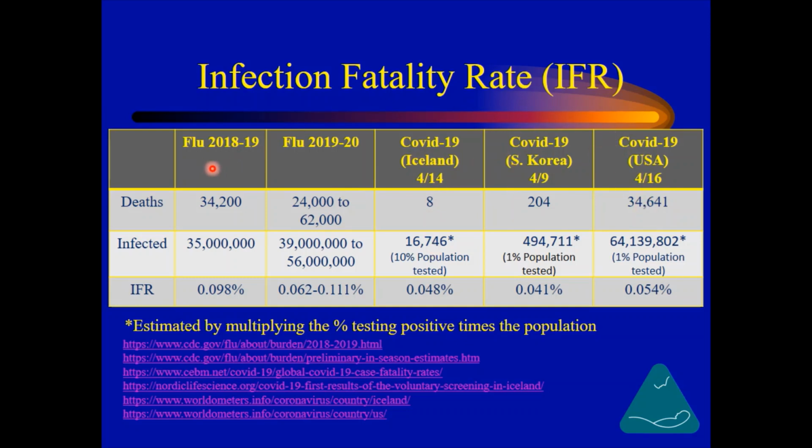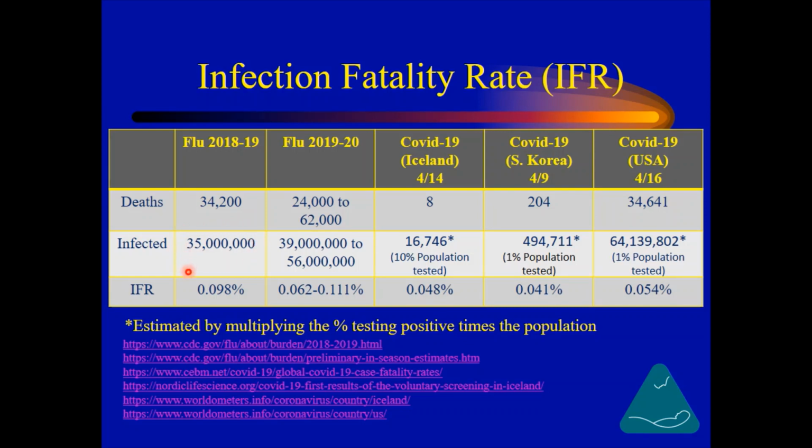Let's look at the first one. This is for the flu season of 2018 to 2019, or last year. Now, because this happened in the past, we have actual data to look at. On the CDC website, it lists that the total number of people who died was 34,200. They estimate that 35 million people were infected with the flu last year.